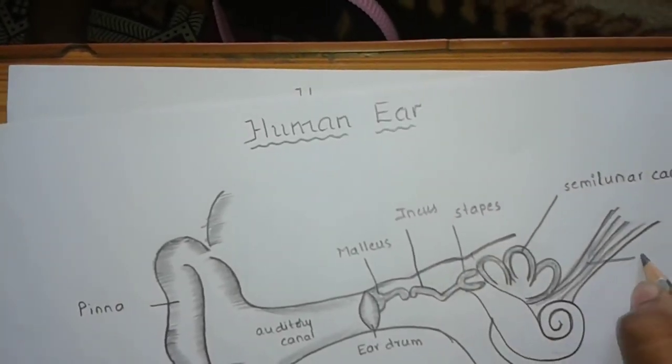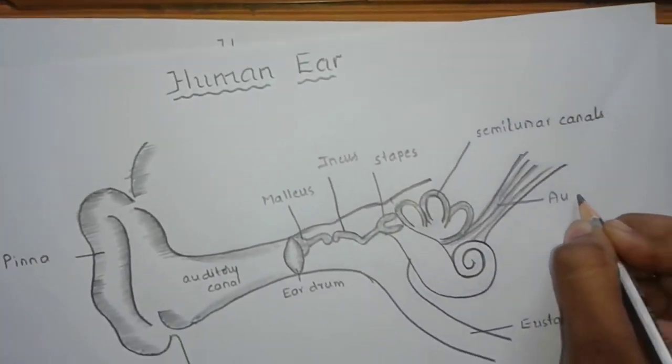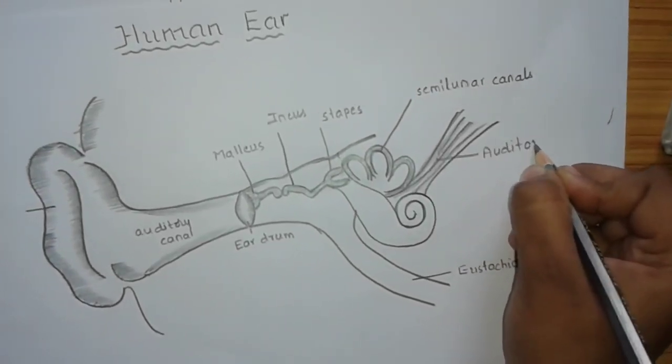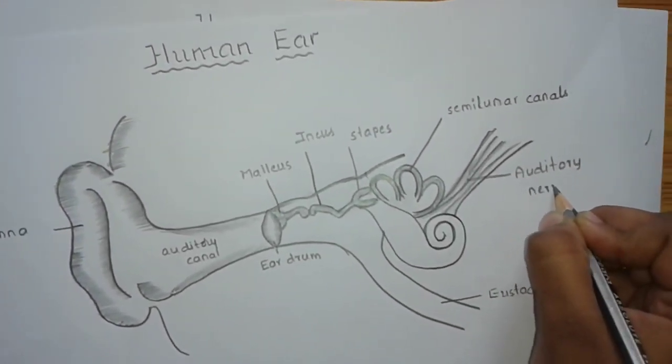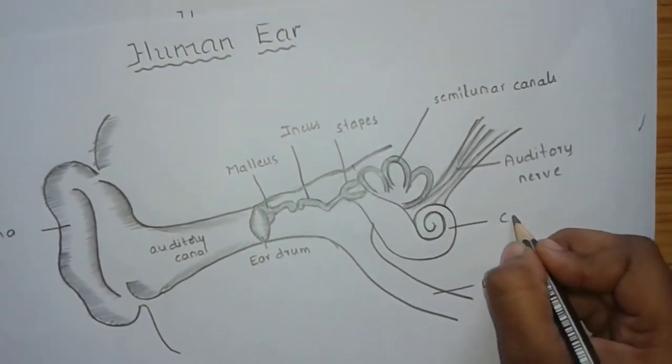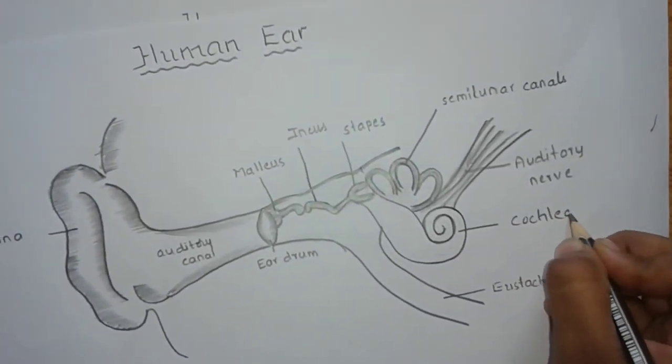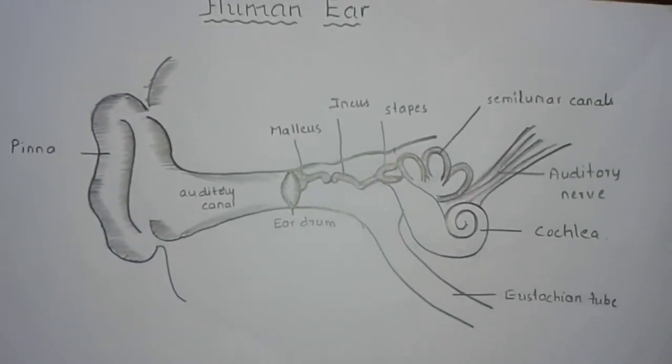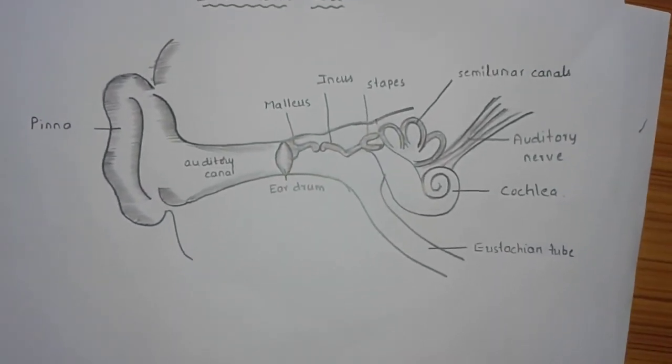Then this is the auditory nerve. And this is the lower part of the inner ear, that is the cochlea. So this is your human ear, which will be asked as a 4-mark question.